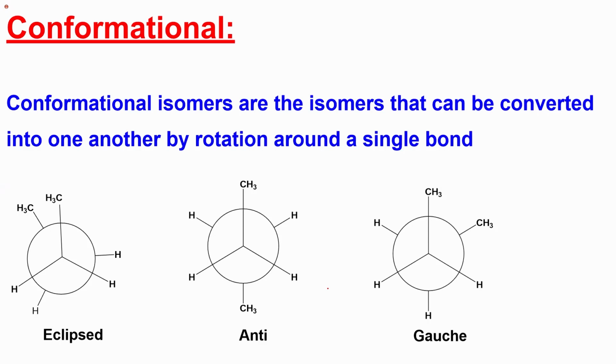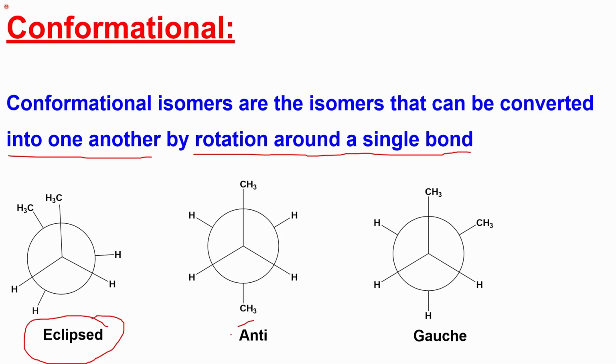So there are three possibilities. One is called eclipsed, the second one is called anti, and the third one is the gauche.